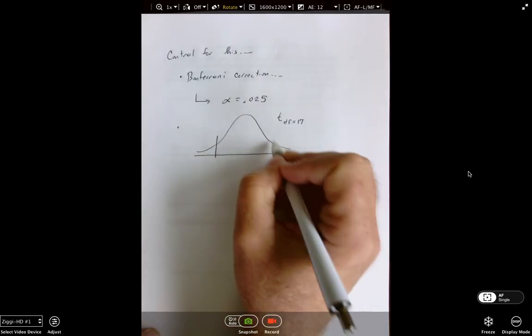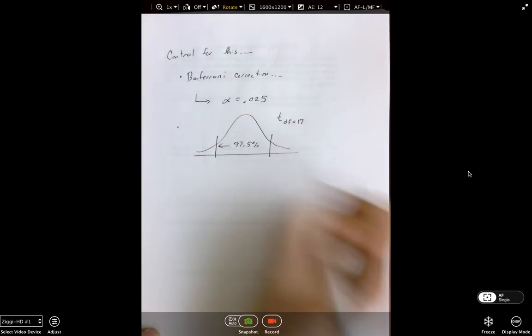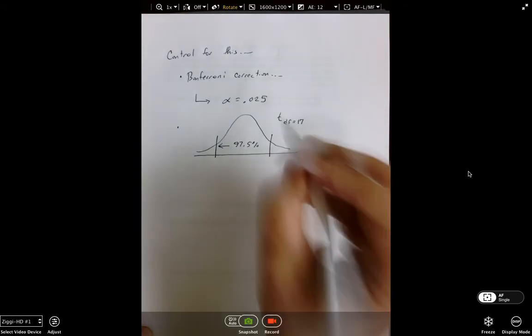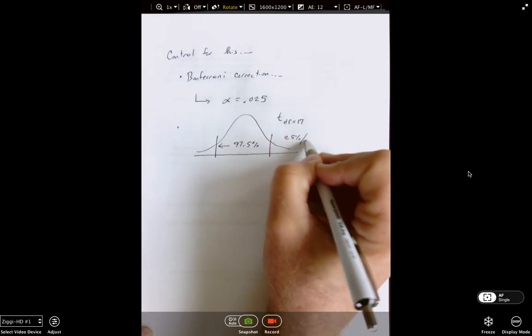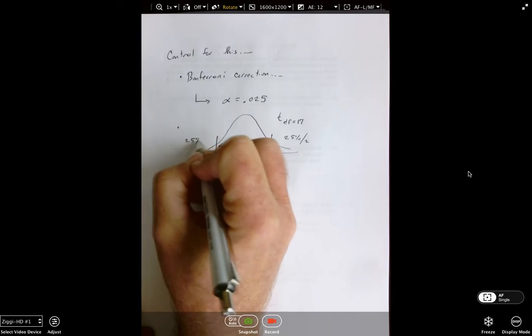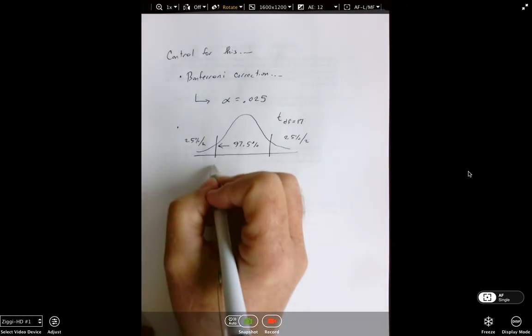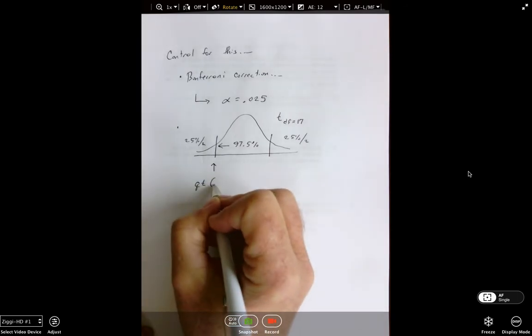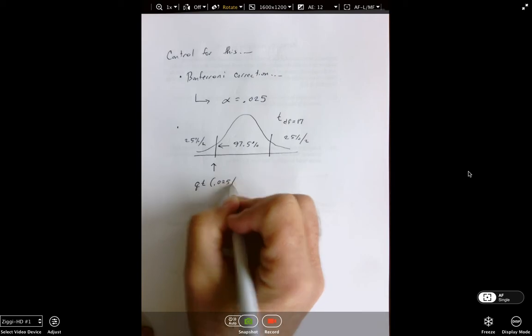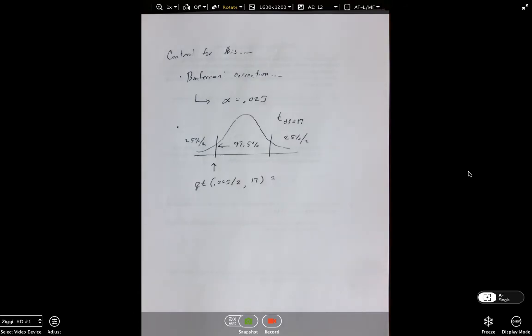And we want to find these values here that essentially finds 97.5%, because what we want is 2.5% divided by 2 in this tail, and 2.5% divided by 2 in this tail. So what we could do here in R is go qt of 0.025 divided by 2 and our degrees of freedom. So let's bump over there and get that.